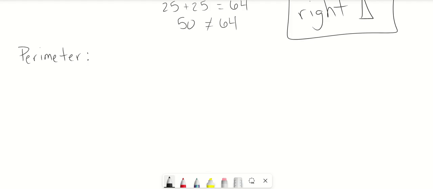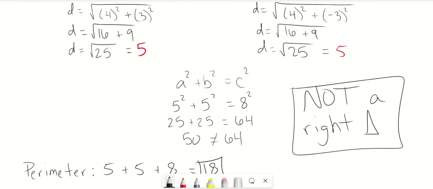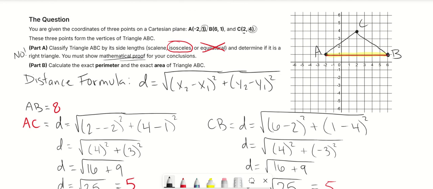Well, in part A, we already found our three side lengths. We said that the three side lengths of the triangle are 5, 5, and 8. And if I add those three numbers together, I'm going to get a perimeter of 18. So we know that the perimeter of this triangle is 18.